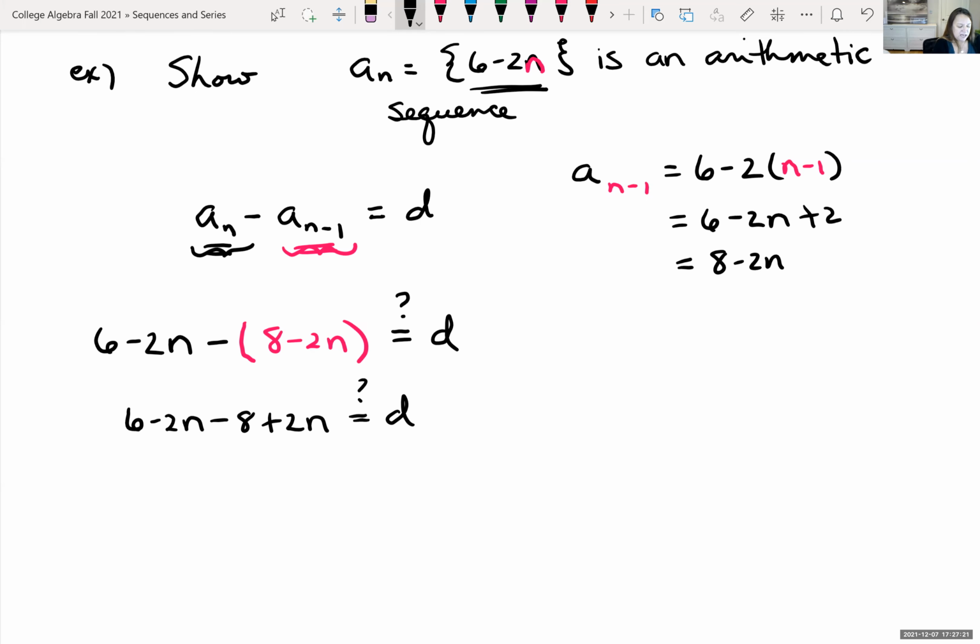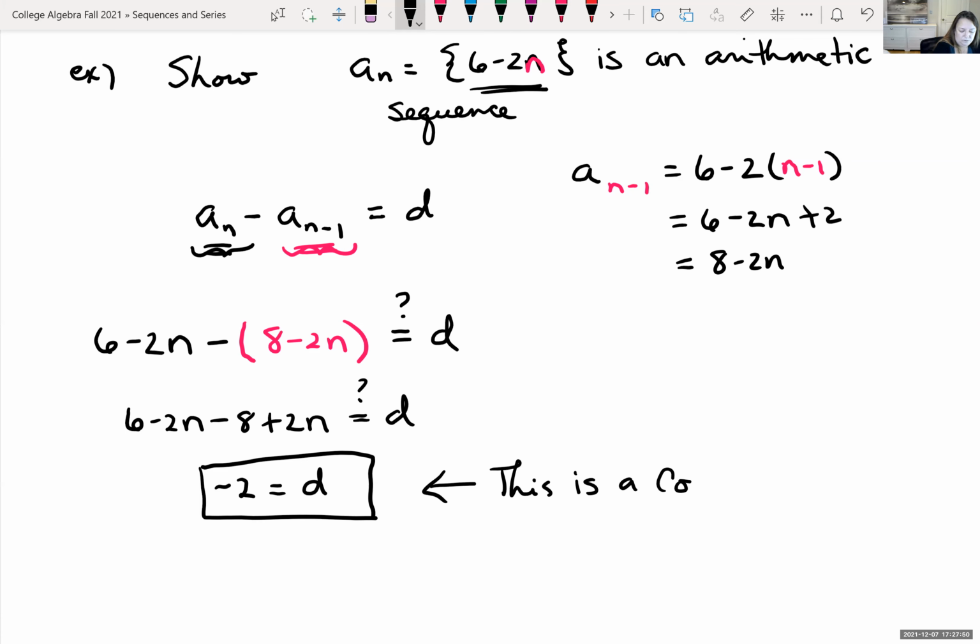Well, it is, because negative 2n plus 2n cancels, and we have 6 minus 8, which is negative 2, equal to d. So as long as you get a constant and you don't have n left in there, when you look at this a sub n minus 1, then you know that it is, in this case, an arithmetic sequence. So a sub n is arithmetic.